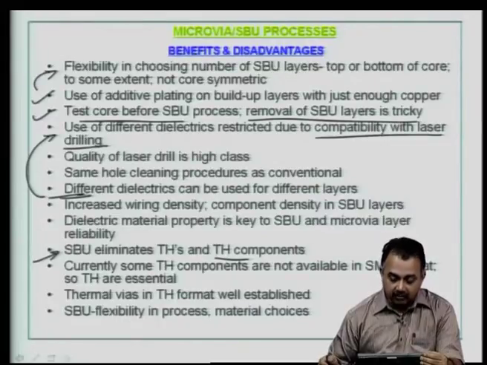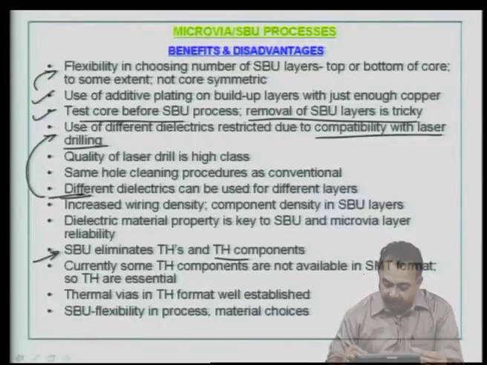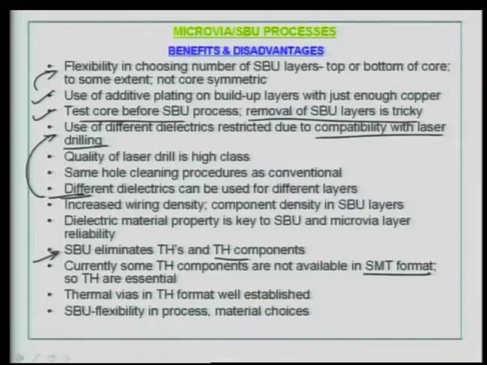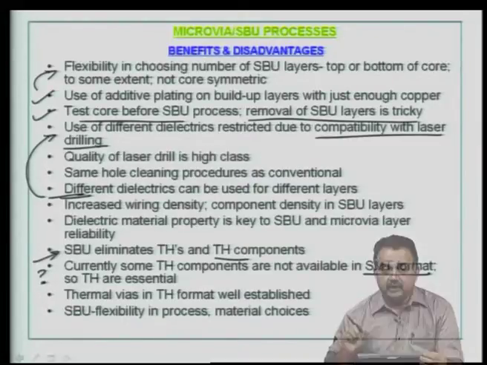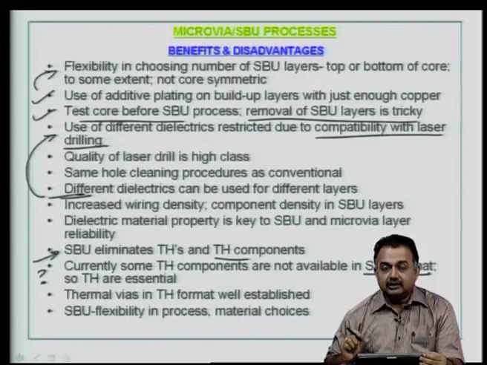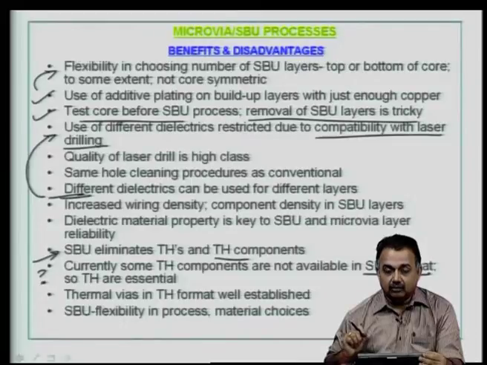Currently, some through hole components are not available in SMT format, and therefore, only for those, drilling a through hole becomes essential. So, it depends on what kind of re-engineering you are doing for your existing design. Thermal vias in through hole format have been well established, right, because the through hole diameters are very large, the heat dissipation can be much better in a through hole.